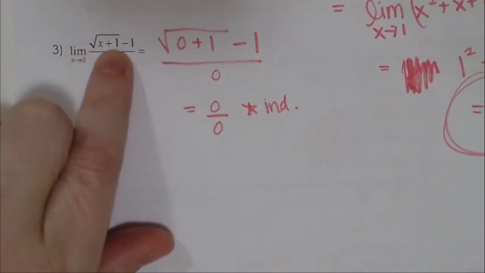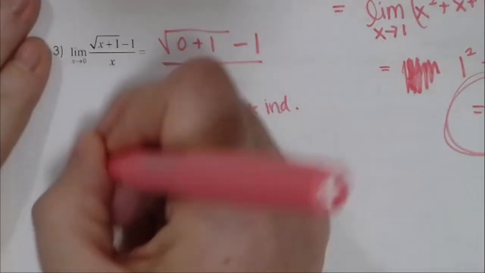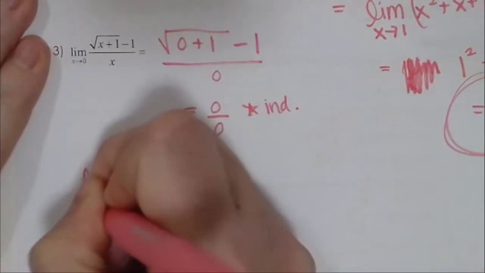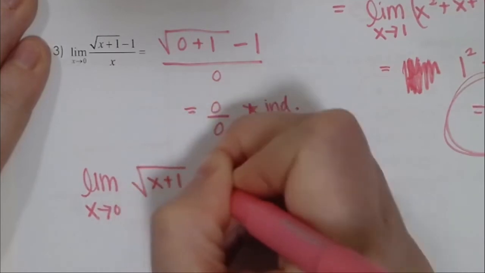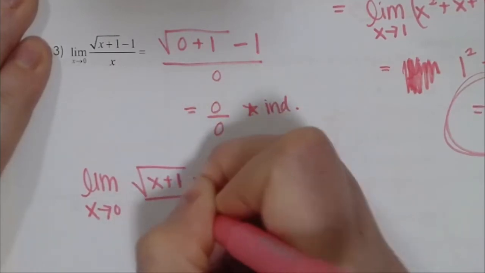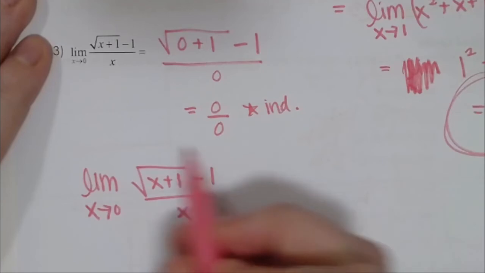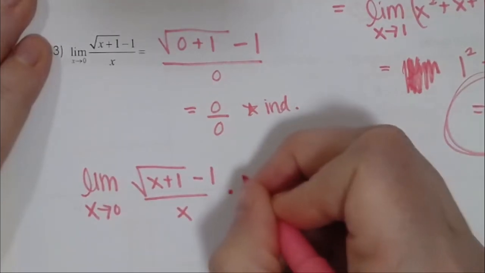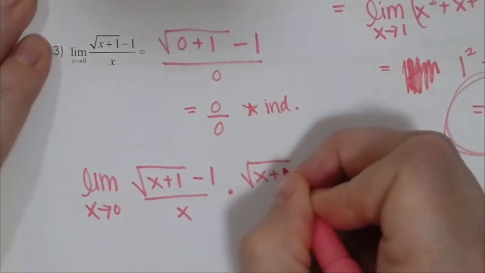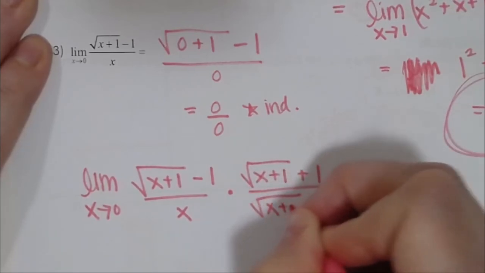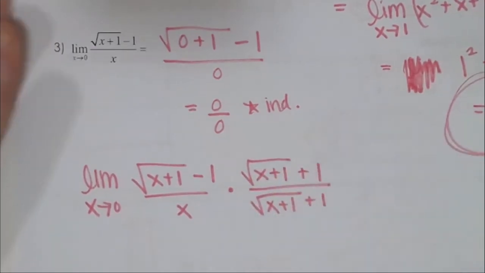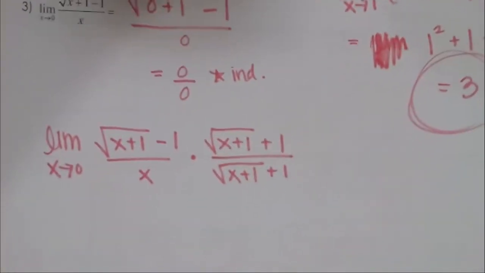So the limit as x approaches 0 of the square root of x plus 1 minus 1 over x. I do not want this nasty thing right here. So the conjugate, square root of x plus 1 plus 1, if I divide that on the bottom as well, this is just a value of 1. So it's not really changing the value, it's just going to change the form a little bit.